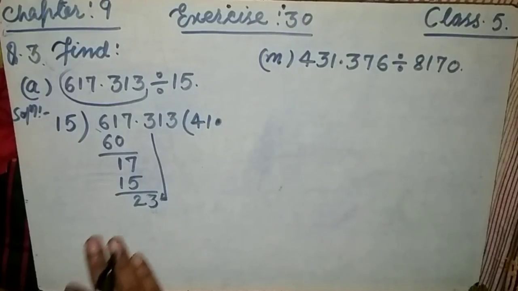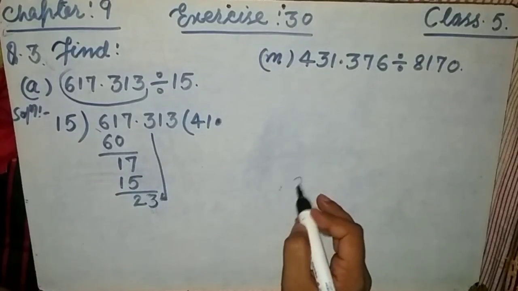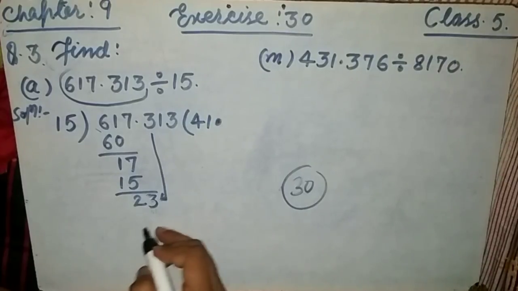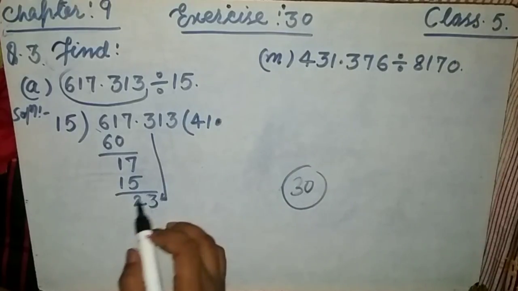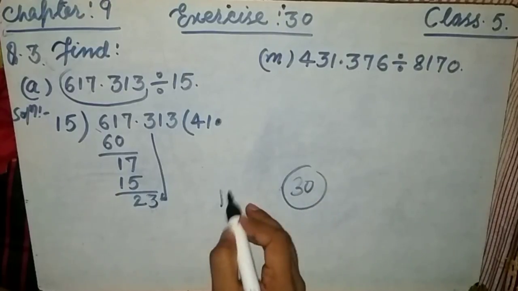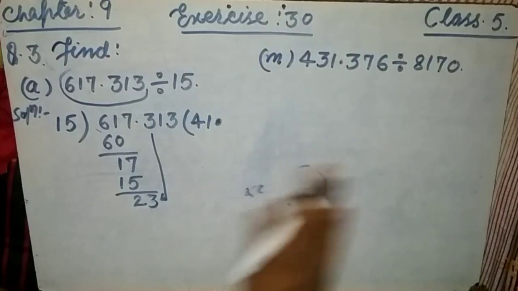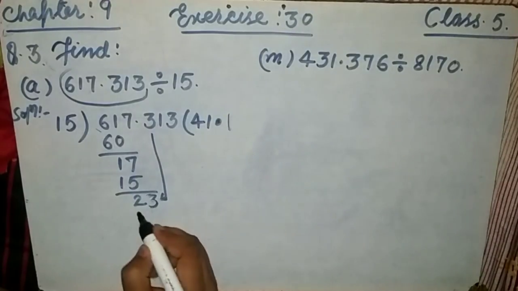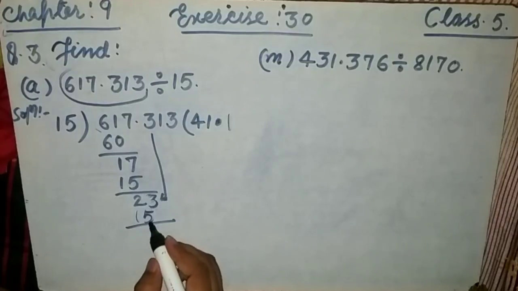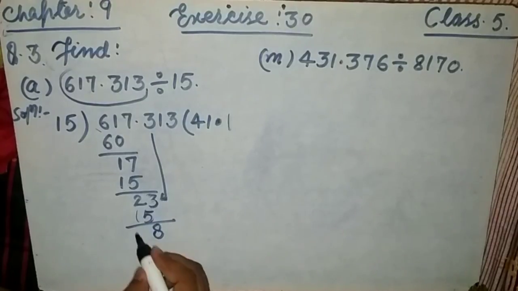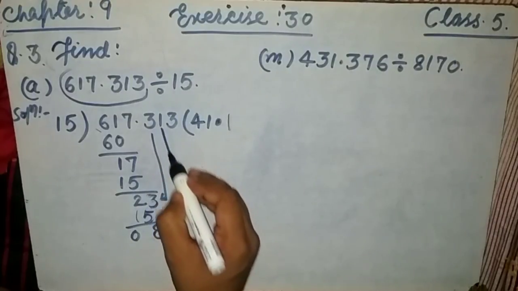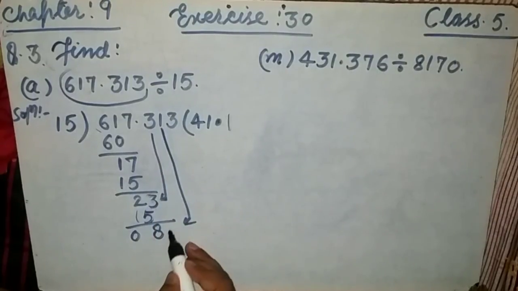Now use the table of 15: 15 1 is 15, 15 2 is 30. 30 is greater than this 23, and we have to bring the equal number or less than. So 15 once is 15, subtract: 13 minus 5 is 8, and here 0. Now write down the one digit here.